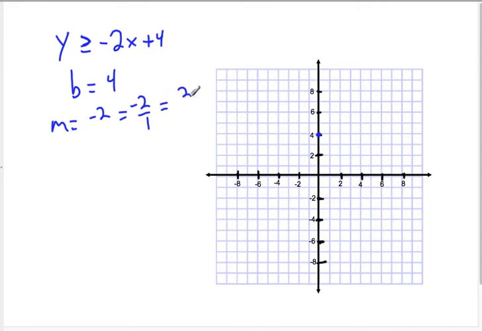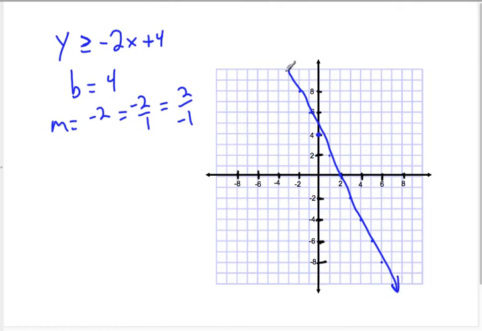I can also make it this fraction, and we'll see why in a minute. So I can go down 2, right 1. Down 2, right 1. I can keep doing that. And I'll keep going till I get to the end of the graph, right there. And then I can also go up 2, left 1, and notice it is actually the same type of movement. It keeps me in that same line here. I'm going to make my line.